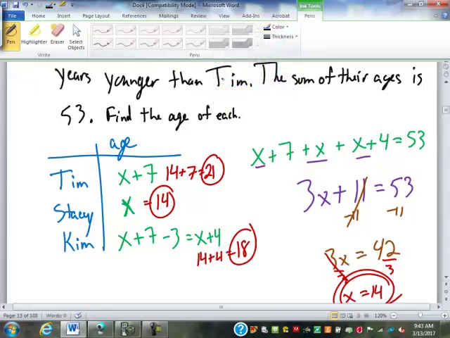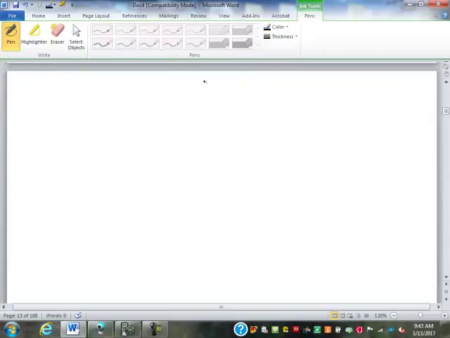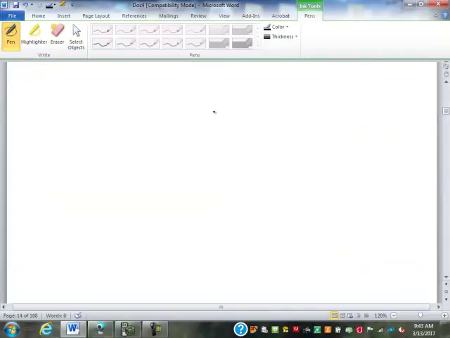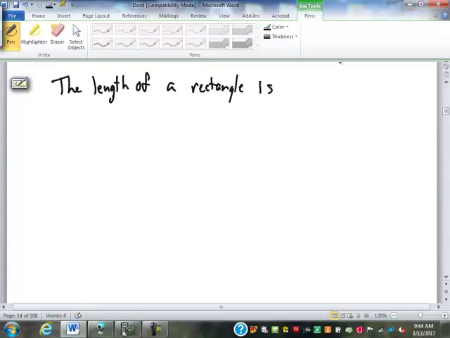Okay. We might have a problem like the length of a rectangle is 3 times its width.